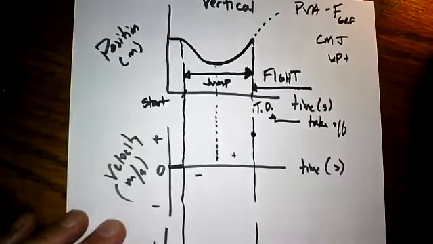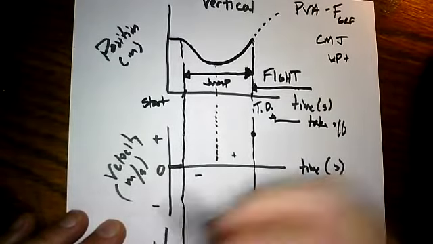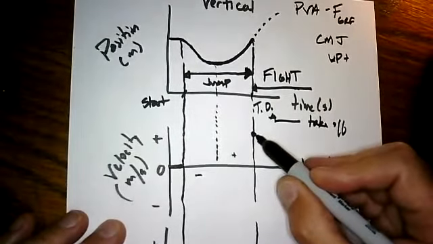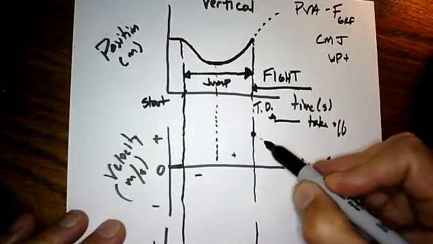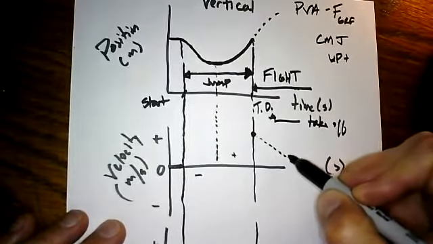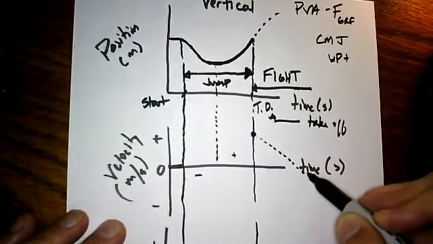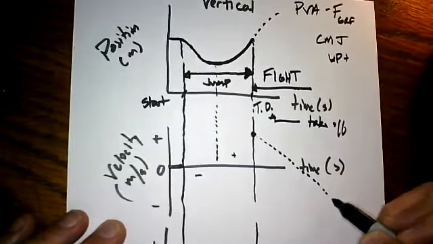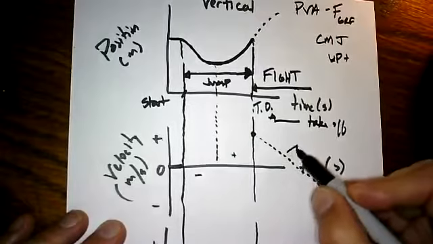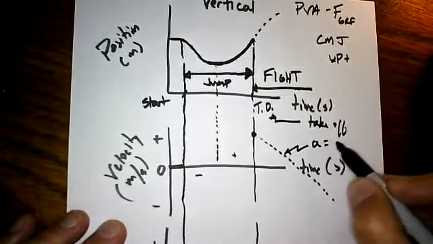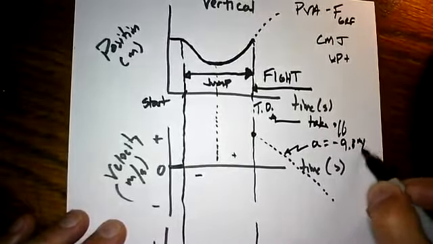I'm going to put a dot right there to represent that moment in time that the person's no longer in contact with the ground. After that, velocity slows down at a rate of negative 9.8 meters per second squared. That's the flight phase. A equals negative 9.8 meters per second squared.